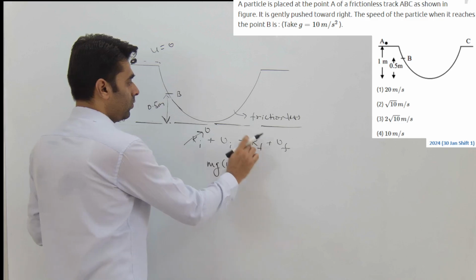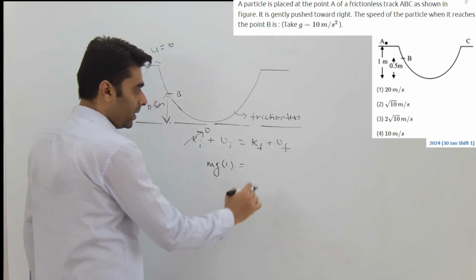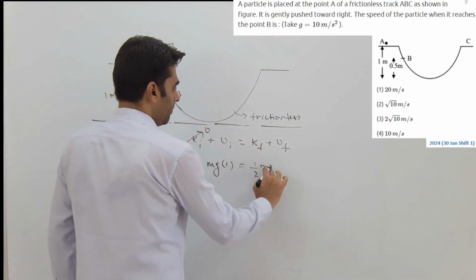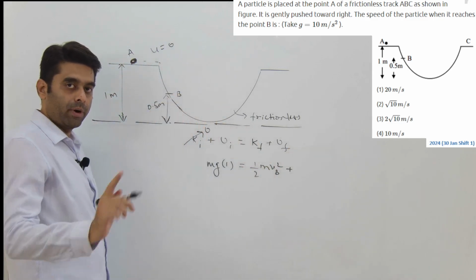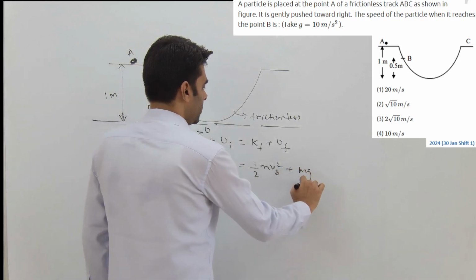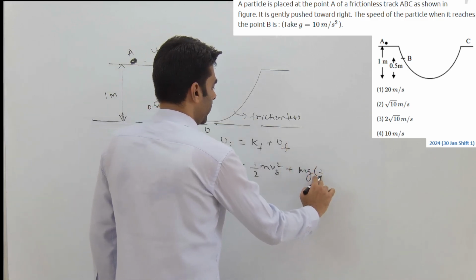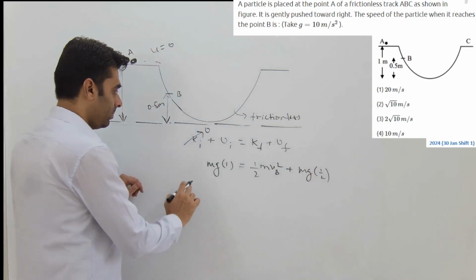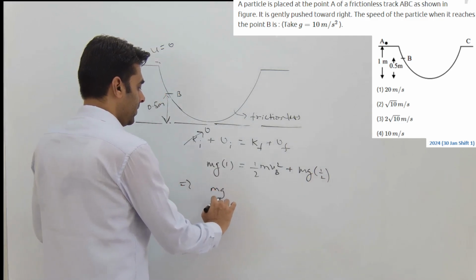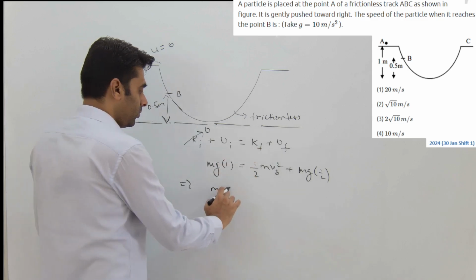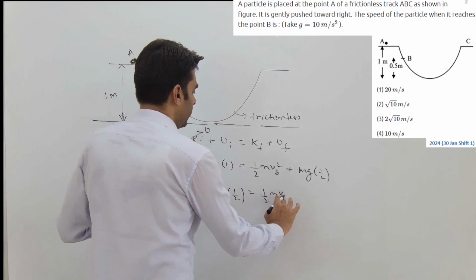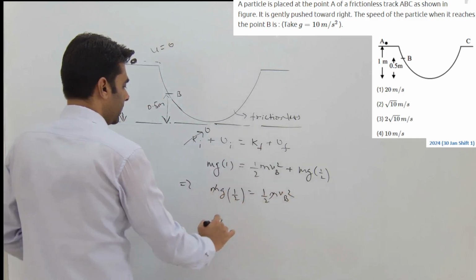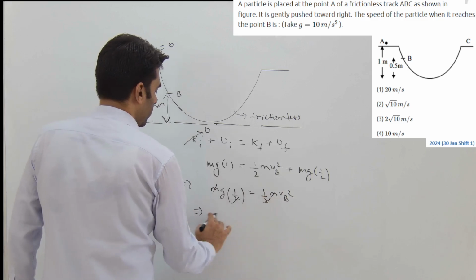This is equal to the kinetic energy at B point, which we can write as half m vb square, plus the potential energy at B point. How much will it be? mg into 0.5, that is 1 by 2. When we simplify, mg1 minus mg1 by 2, that is mg1 by 2, is equal to 1 by 2 m vb square. m cancels out, 2 cancels out.